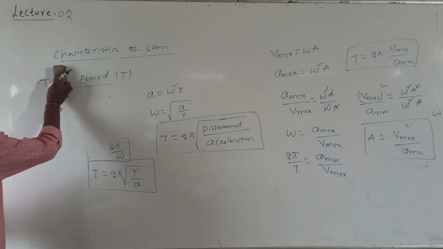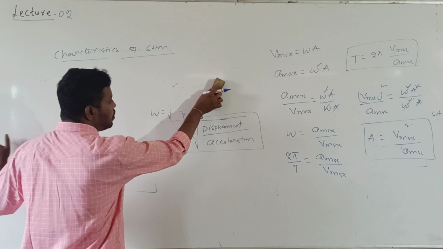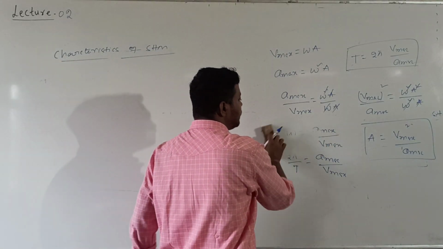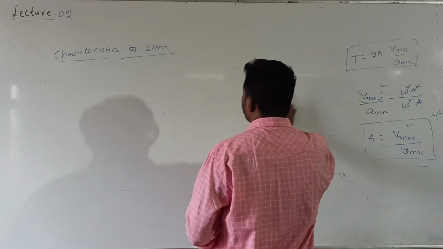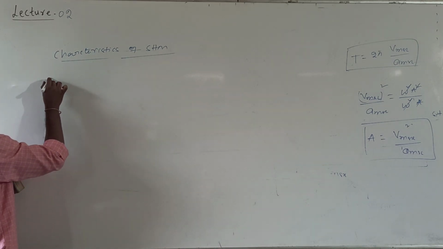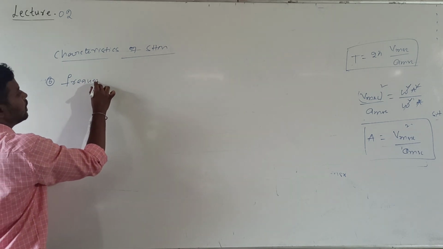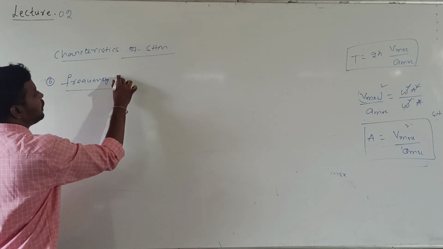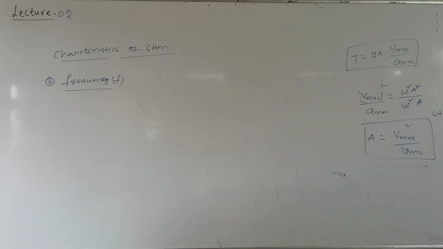We derived the expression for time period with the help of circular motion. After the time period, let us see the next point, point number 61, frequency. What is frequency? Whenever a particle is executing SHM, the frequency of SHM is defined as the number of oscillations completed in 1 second.